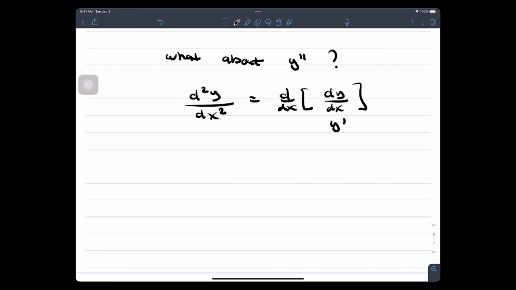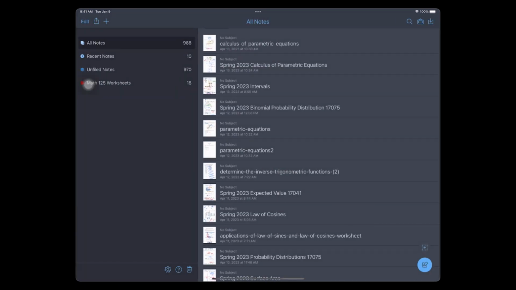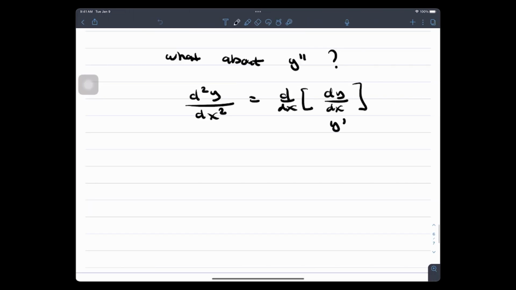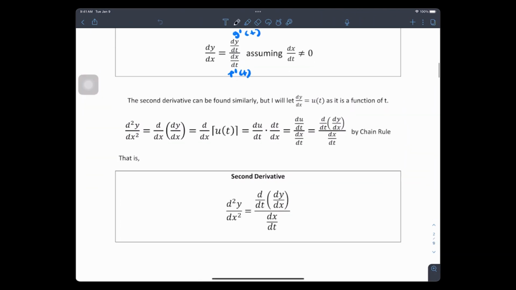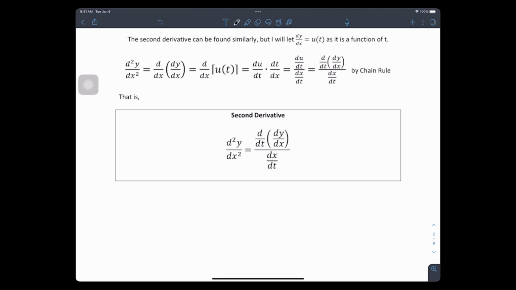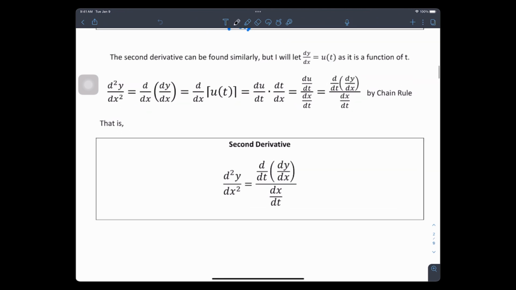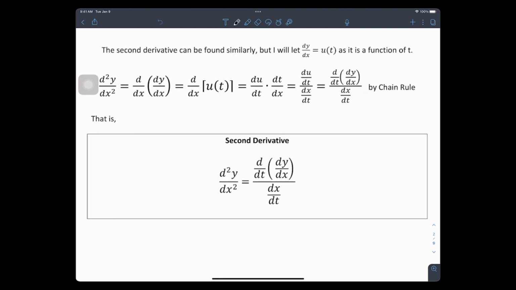So you do have a way, if I go back to Parametric and the notes, I gave you the classic definition, or I showed you guys how you deduce the formula for the second derivative. Here's the formula.